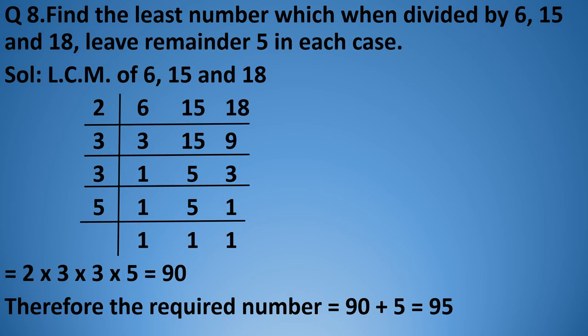For the remainder we will add 5, because 90 is exactly divisible by 6, 15 and 18. Remainder is the leftover part. So if we want something to be left, then we have to add 5 to that. So the required number is 90 plus 5, 95.